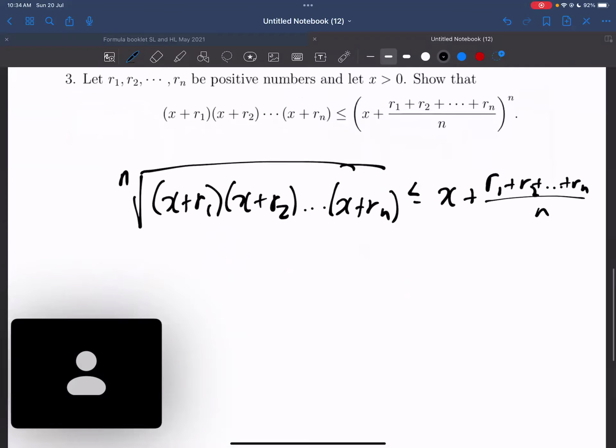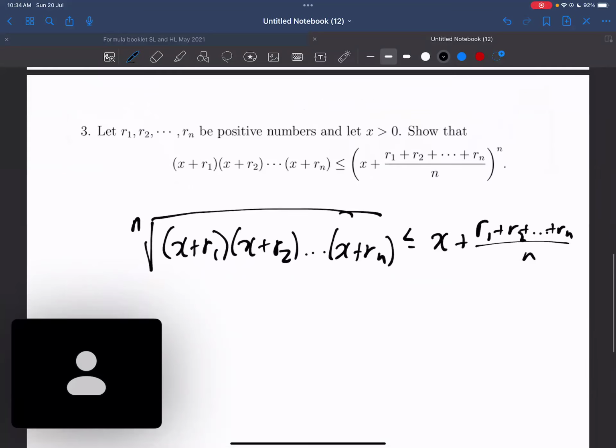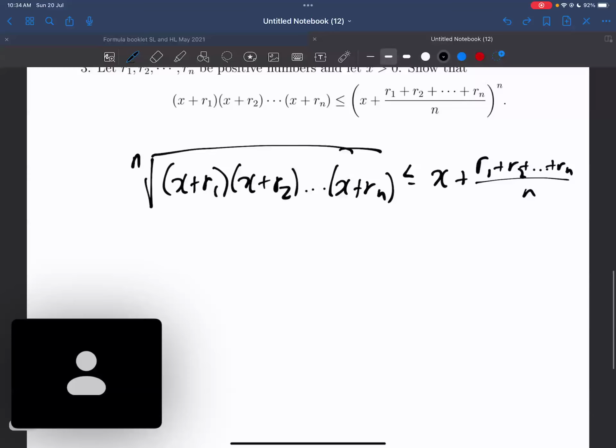Well, we can see that we can rearrange this right hand side into a form that is very much AM-GM-able. You can group the terms together so that you get this product on the inside.